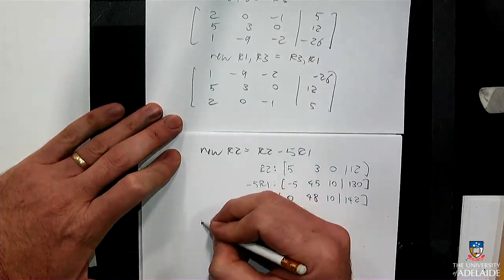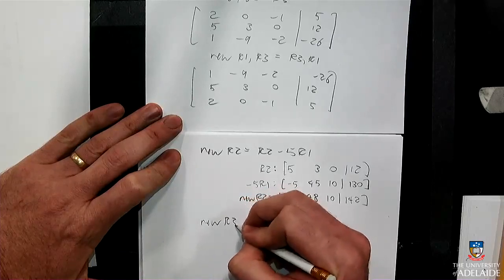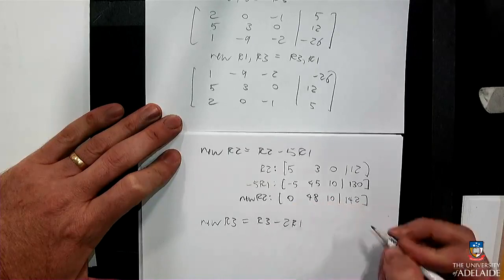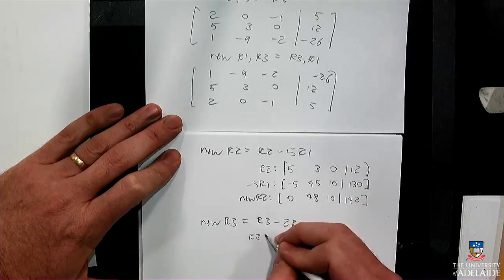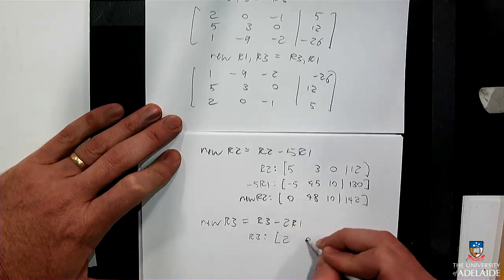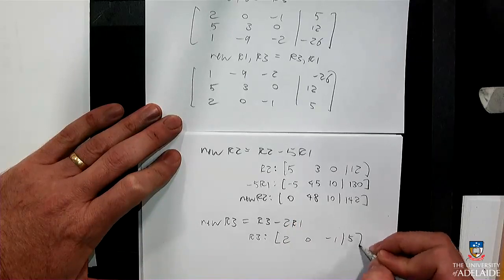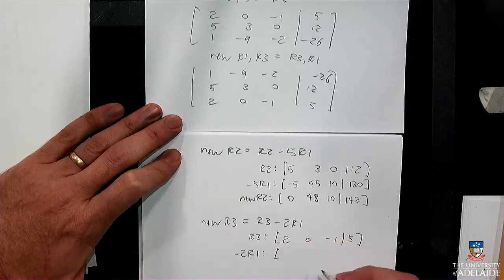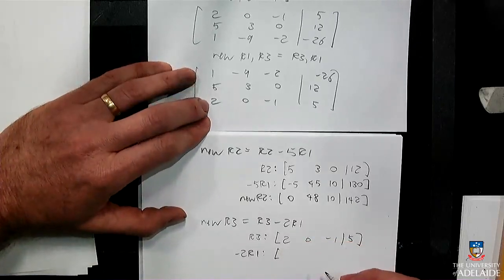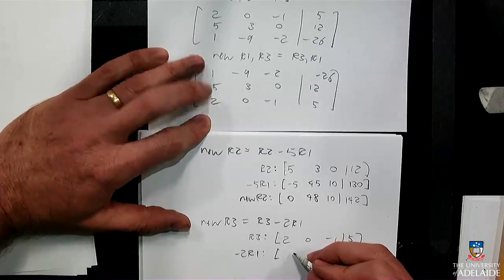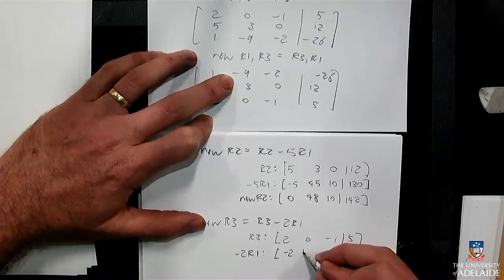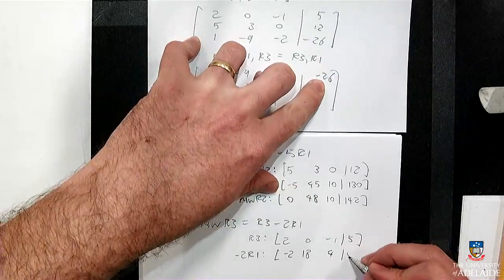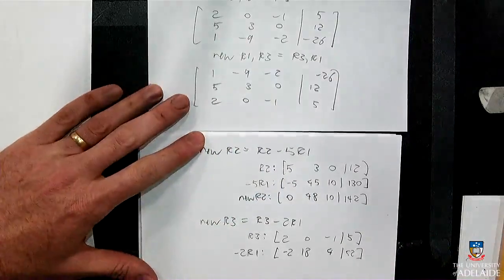Now new row 3 is row 3 minus 2 of row 1. Row 3 was 2, 0, negative 1, 5, and minus 2 of row 1 was minus 2, 18, 4, and 52.